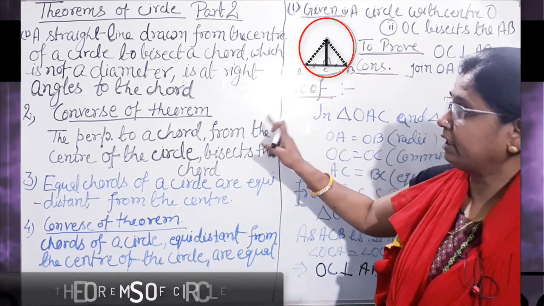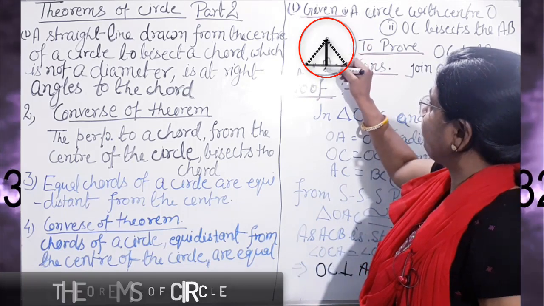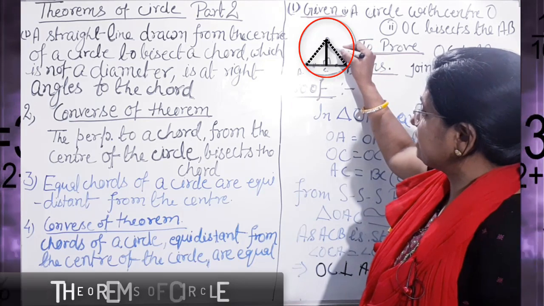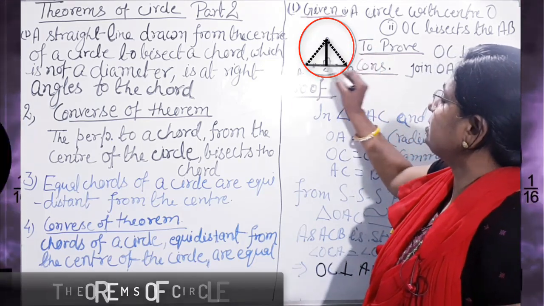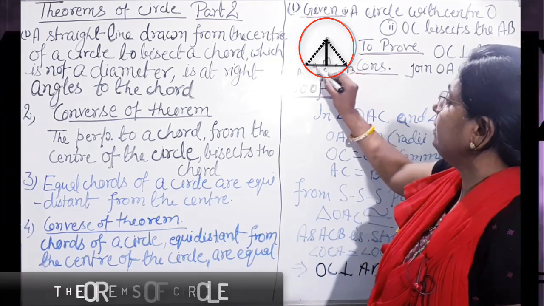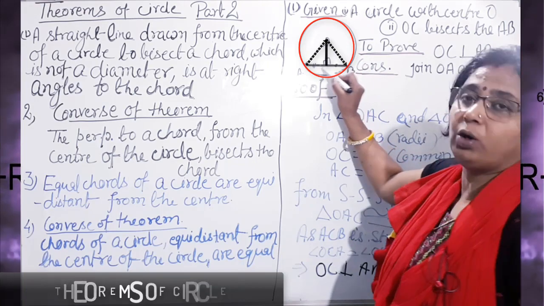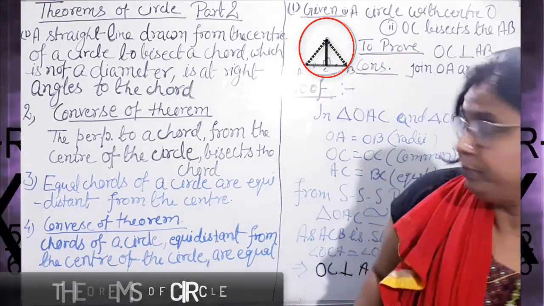In the converse, the perpendicular to a chord from the center is given, and this time you have to prove this perpendicular bisects the chord. Okay, so I am going to prove it.